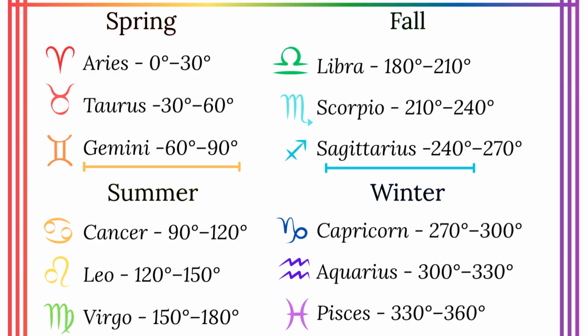Then we move up to fall, which is Libra, the scales, and that is the symbol for the scales. Scorpio is the M, but it has the arrow pointing outward, so the maiden isn't so modest anymore. Scorpio is also the scorpion, so you can remember that little pointy thing is like the scorpion tail.